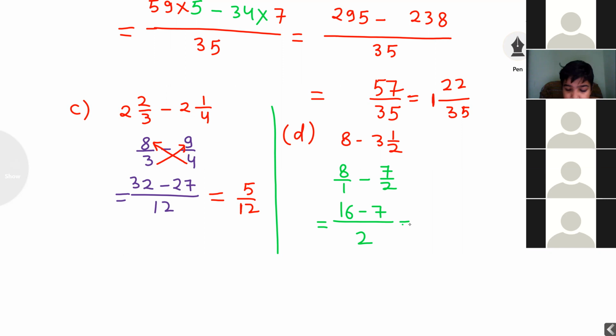The answer is 9 by 2. I hope, students, you got it, how to solve addition and subtraction.